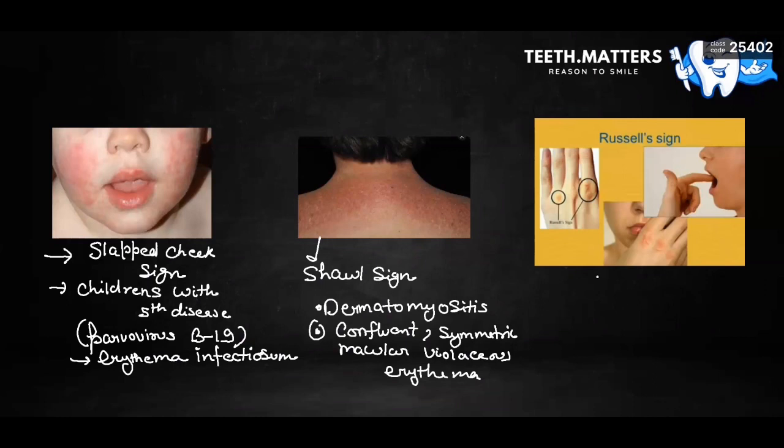So it leads to formation of Russell sign. Seen in bulimia nervosa due to self-induced vomiting.